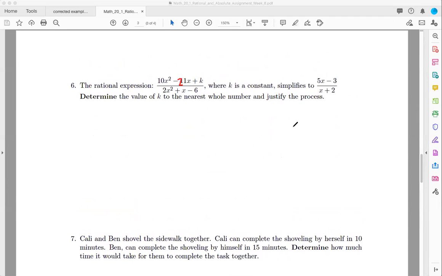This was a question that was in last week's assignment: if this is the bottom and it simplifies to this, then that means that one of these factors, one of these brackets, was canceled out in the bottom and also gets canceled out in the top. So if we can factor 2x squared plus x minus 6, then we can find the factor that is not here anymore, and that is going to be the one that was canceled from the top.